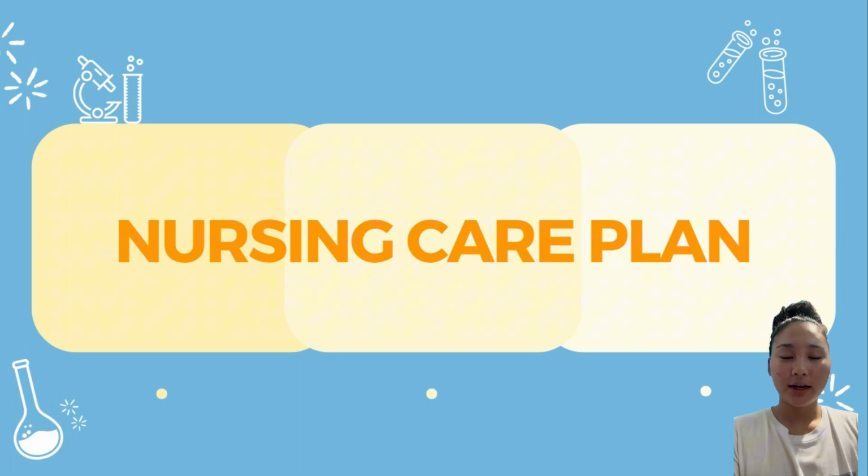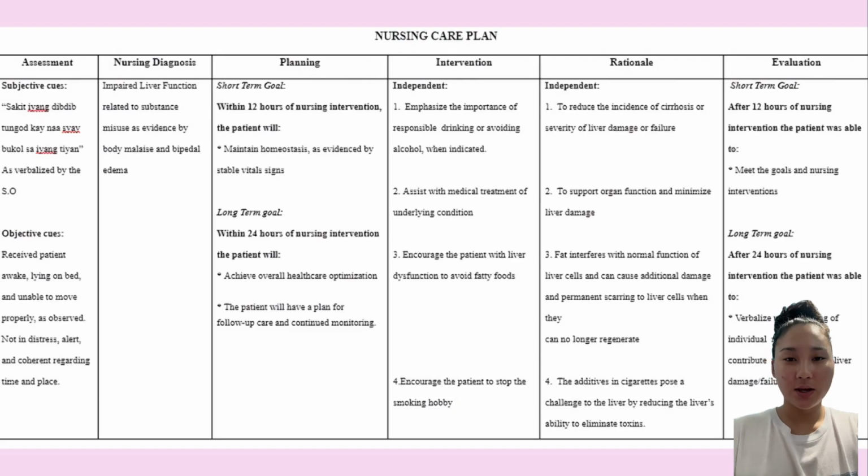So, good morning again. I am Emerine Jane Dalisco and I am going to discuss the nursing care plan. For the assessment, subjective cues: sakit iyang dibdib, tungod kay naay bukol sa iyang tiyan, as verbalized by the significant others. For the objective cues, received patient awake, lying on bed, and unable to move properly as observed.